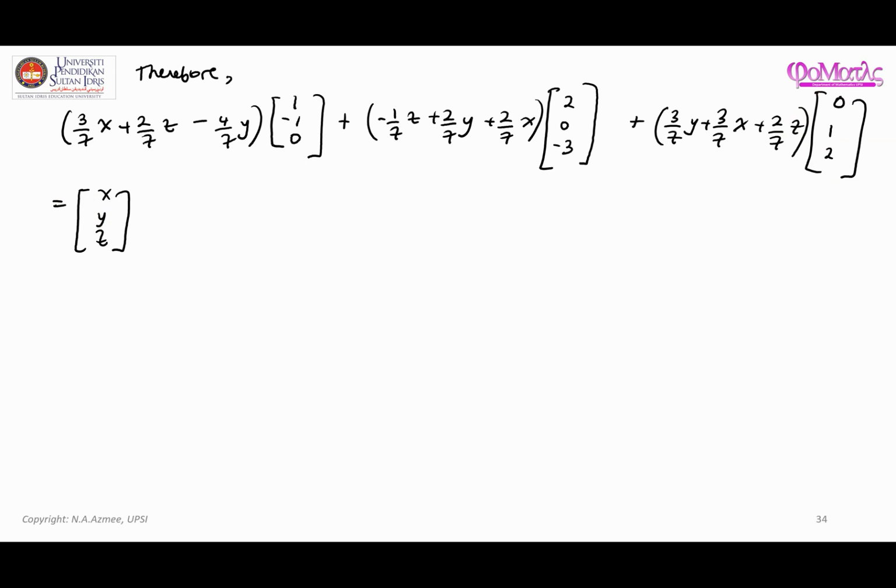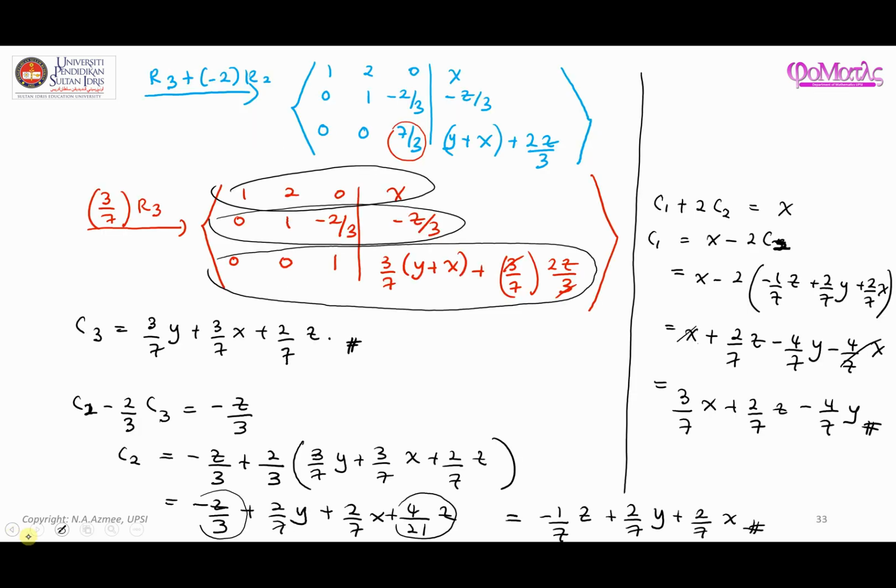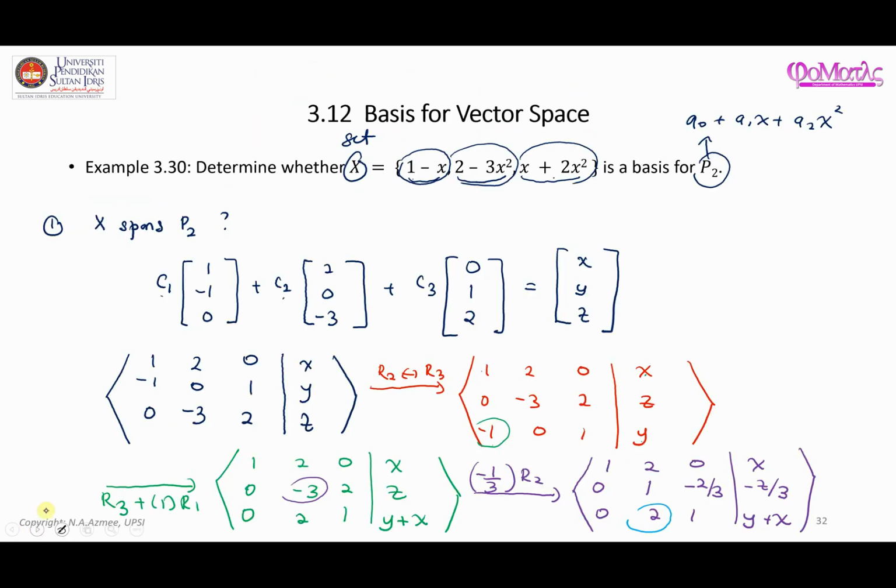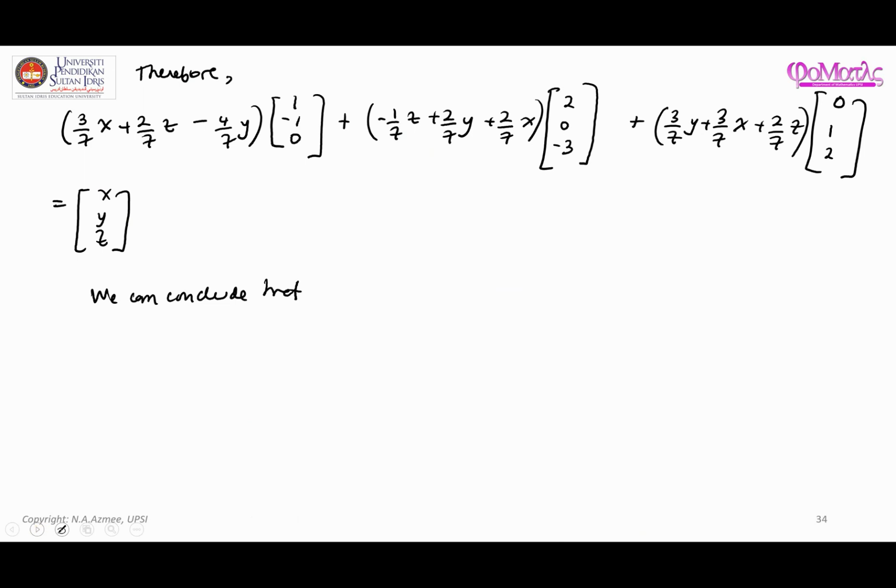Since we are able to express all the vectors here in terms of a linear combination, we can conclude that this particular set X spans the vector space of polynomials of degree 2. Okay.